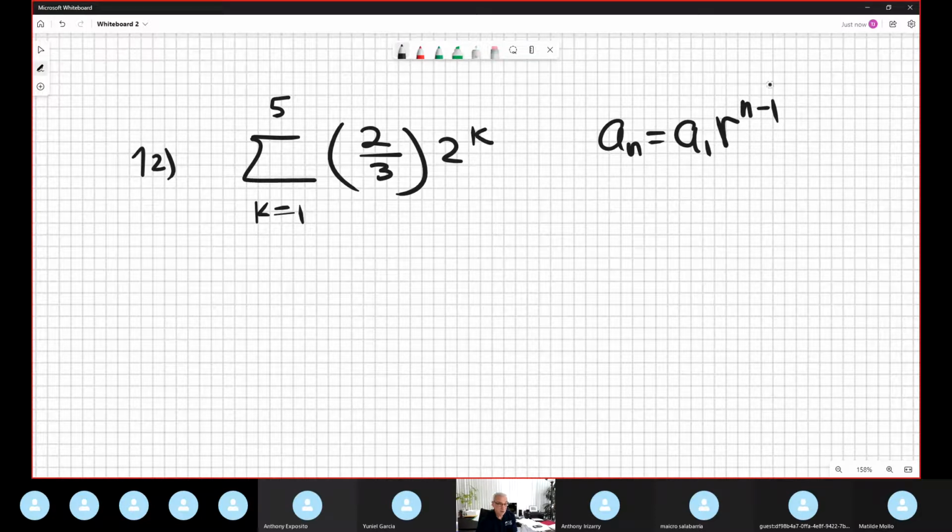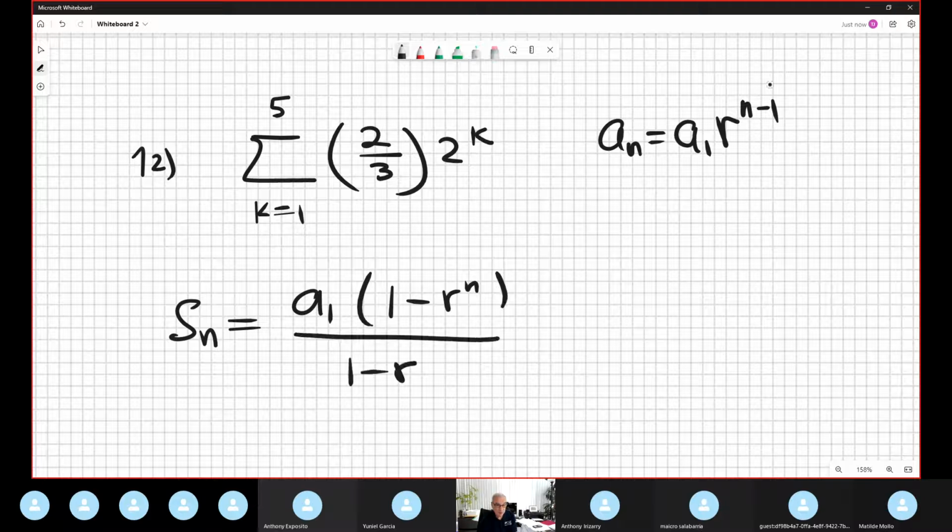Summation, and for summation you're using that formula. Summation S sub n is equal to A1 parentheses 1 minus R to the n divided by 1 minus R. This is the formula. But I have no idea who is R and who is A1. There's one fantastic way to do that. I want to explain two different ways.